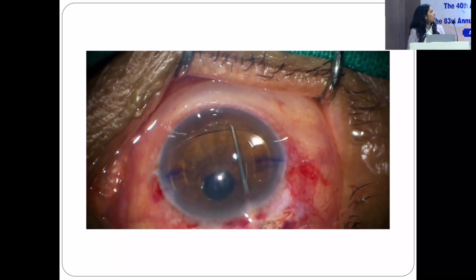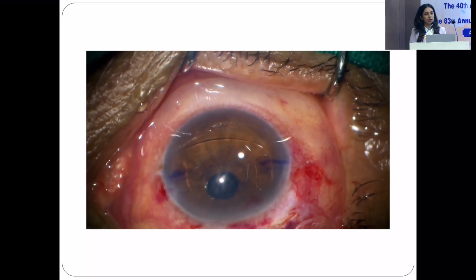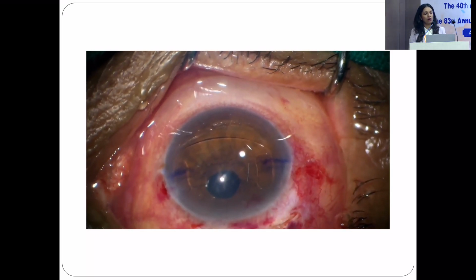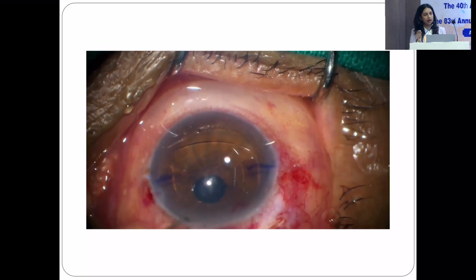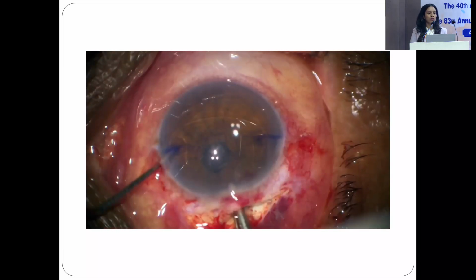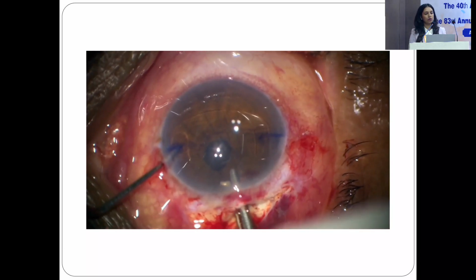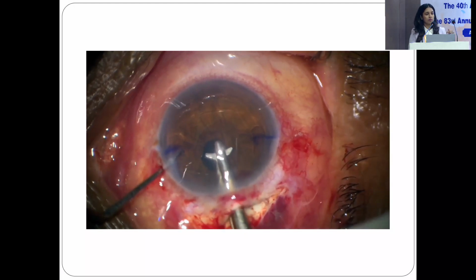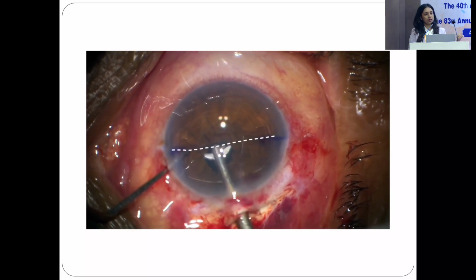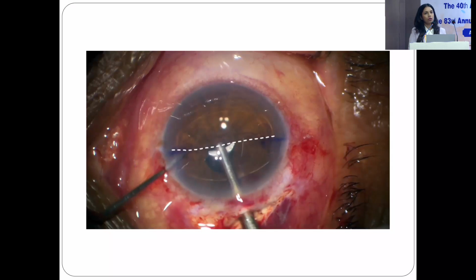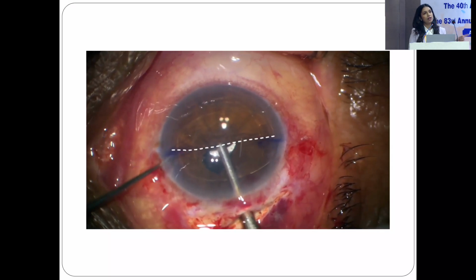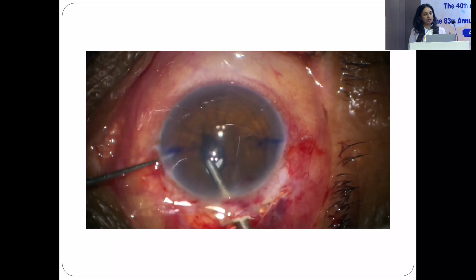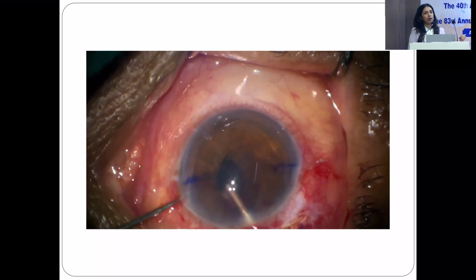So one more trick I would like to show is how we hold the iris claw lens. With the help of this iris claw holding forceps, we hold it from the center of the optic such that the flange of the forceps coincides with the notch. This gives us an indirect clue, when we are beneath the iris tissue, as to where exactly we have to enclavate.